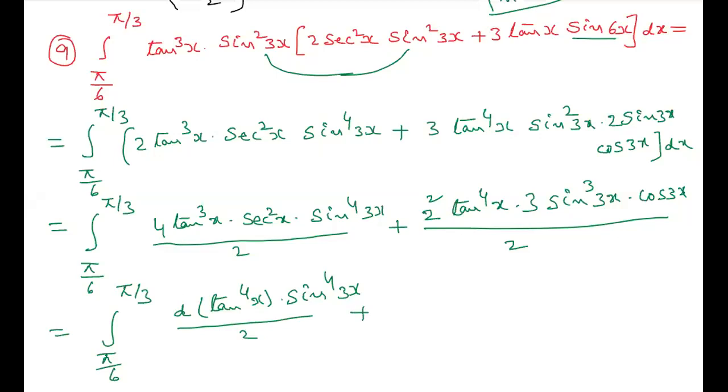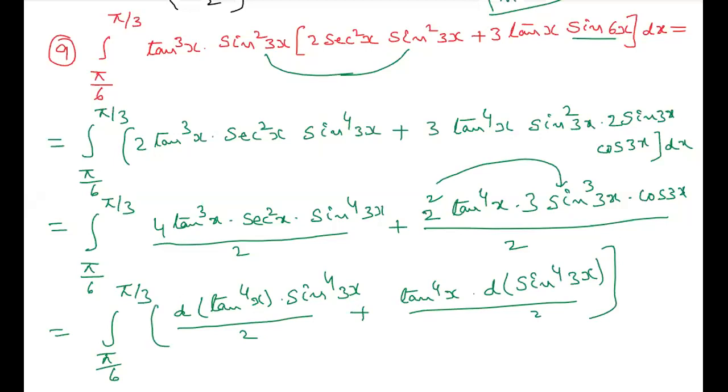Here observe that tan⁴x we can write the same. Remaining, I am expecting 2 squared, that means 4 sin³3x and 3 cos 3x. That is the meaning of dy/dx of sin⁴3x divided by 2, whole dx.